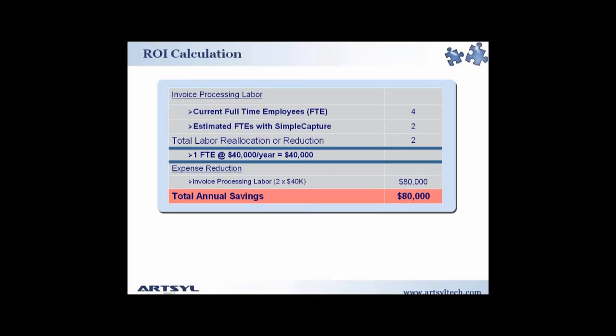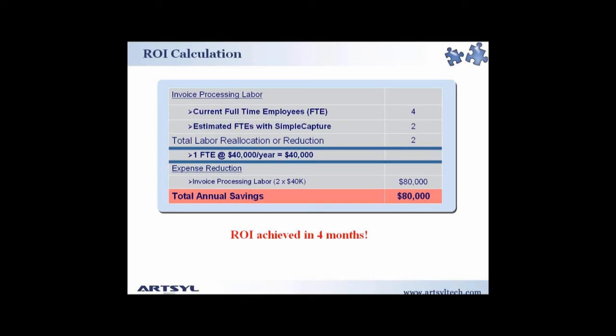If you look around the country, an average AP clerk in a metropolitan area is probably making about $40,000 a year fully burdened. That means salary plus benefits. And if you can reduce 2 AP clerks, you're saving $80,000 a year. The cost of the 2 seats of SimpleCapture means that you would pay for it in about 4 months.